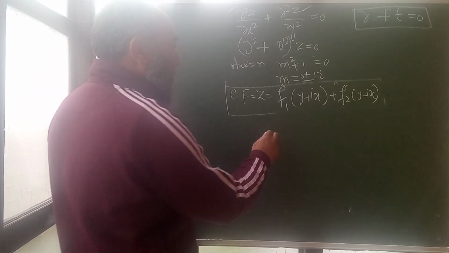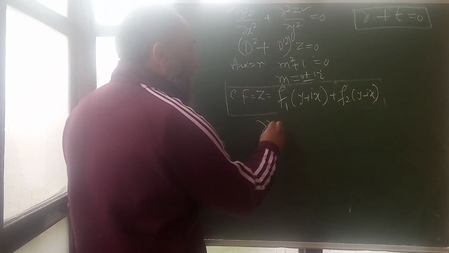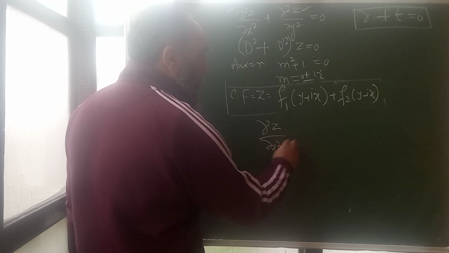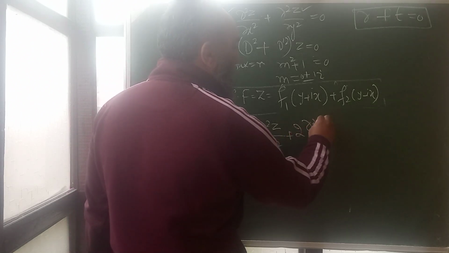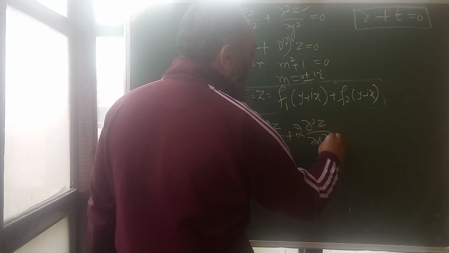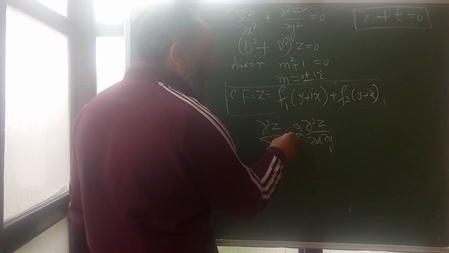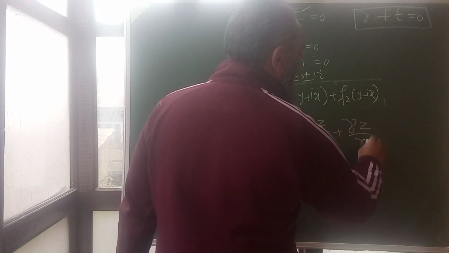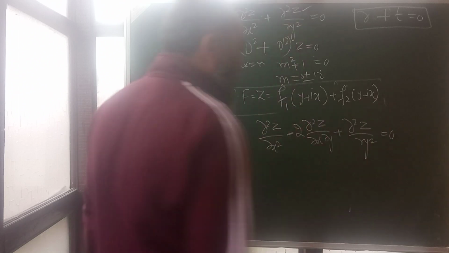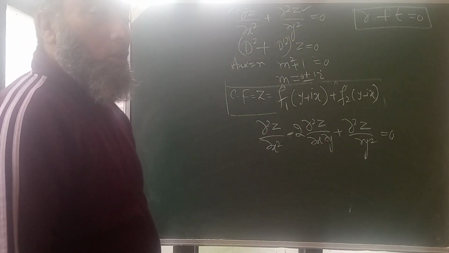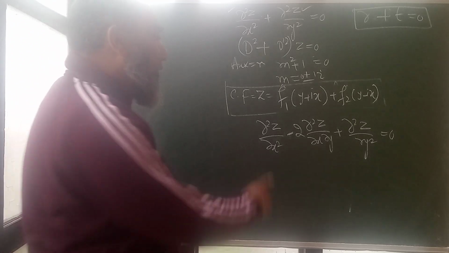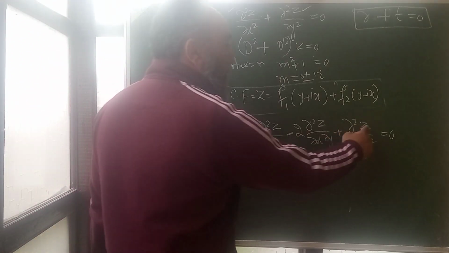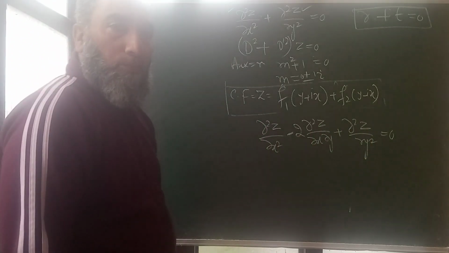So you have del 2z del x2 minus twice del 2z del x del y plus del 2z del y2 equals 0. This is a second order homogeneous partial differential equation. Homogeneous in the sense every term is of degree 2.